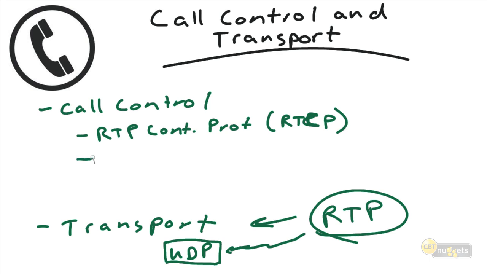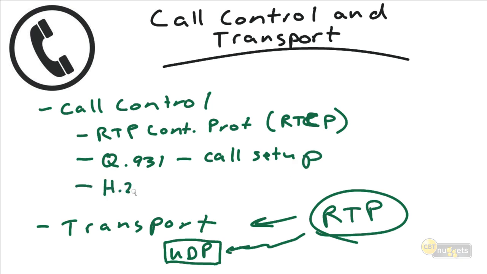Some other control protocols we might run into, how about Q.931? This is for call setup. We have H.245. This is for call capabilities. And we also have what's called RAS signaling, another call control protocol.